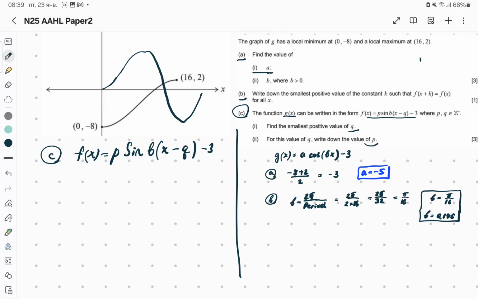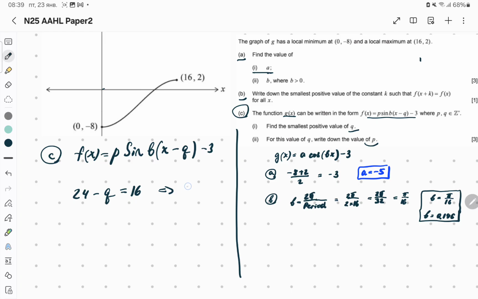So what to do? We can use horizontal translation. This graph is translated by q units, right? So 24 minus q is equal to 16. We just plug in 24 as x, and that's how we will find q.